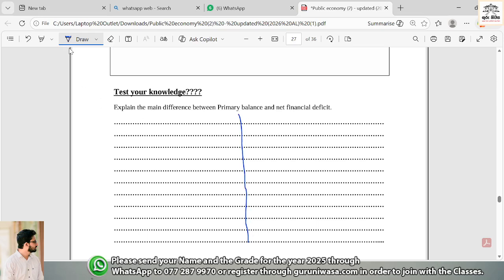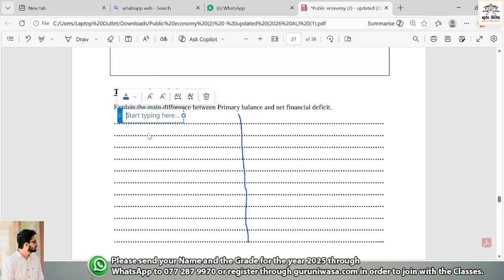This side, primary account balance. Other side, net cash deficit.